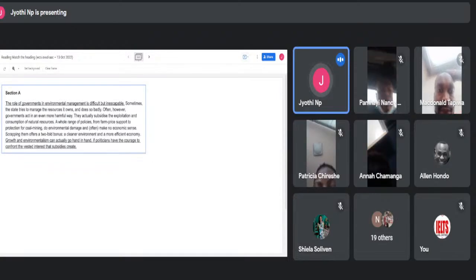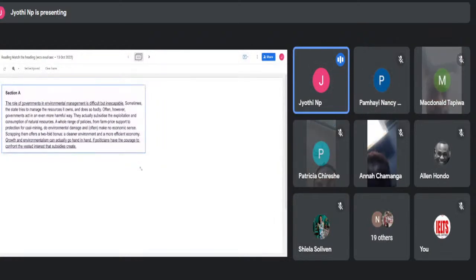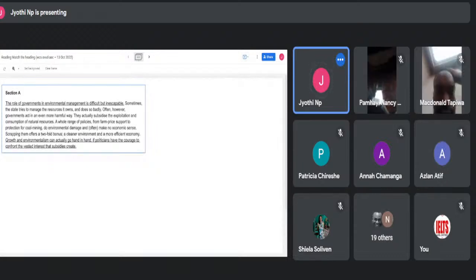Can you all see? Now we have section A, right? Are you all getting? That is, we are looking at paragraph A. Yes. Okay.